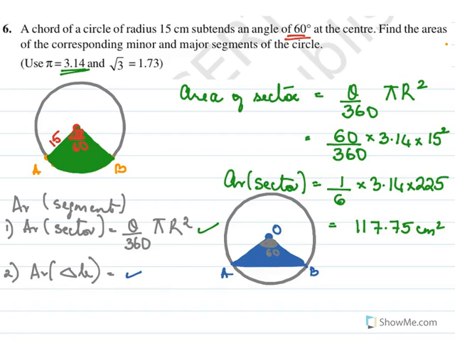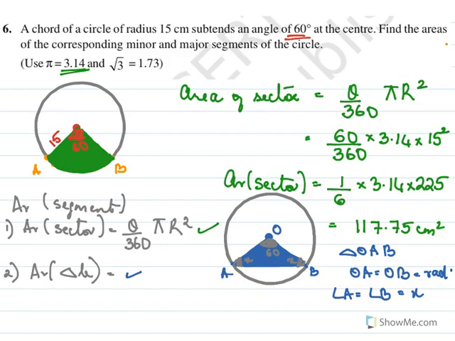And in this triangle OAB, we know OA equal to OB because they are the radii. If OA equal to OB, so angle A will be equal to angle B, which is equal to X. So let me mark that here. This will be X. This angle also will be X.